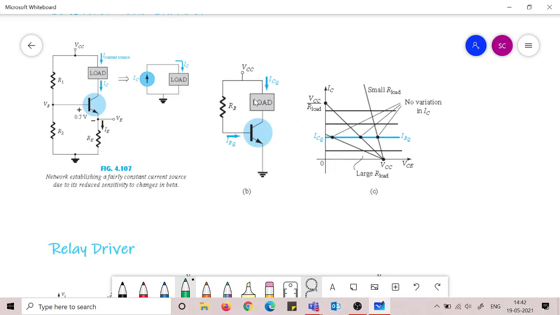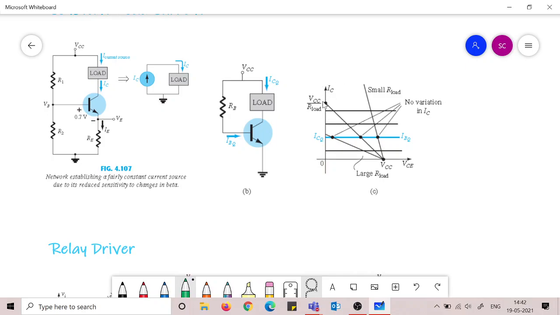What happens when there is a change in load? Actually, in this case, IC does not change, but the load changes. So this load line gets changed. This IC level remains the same, but the VCC by R load point keeps on changing along this axis.